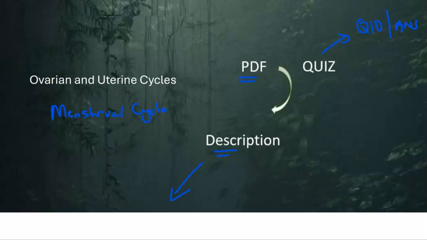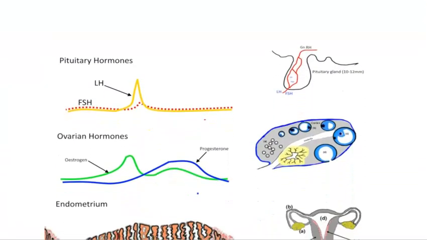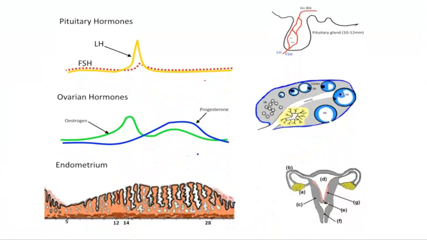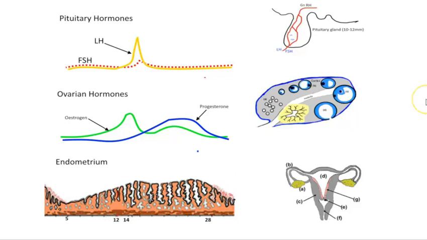So to the menstrual cycle. We're going to be considering three aspects: the pituitary hormones produced in the brain from the pituitary gland. These are FSH, follicle stimulating hormone, and LH, luteinizing hormone.